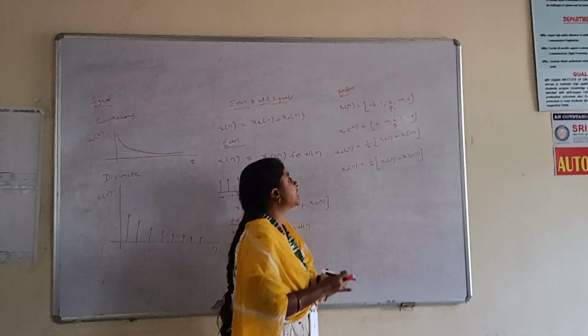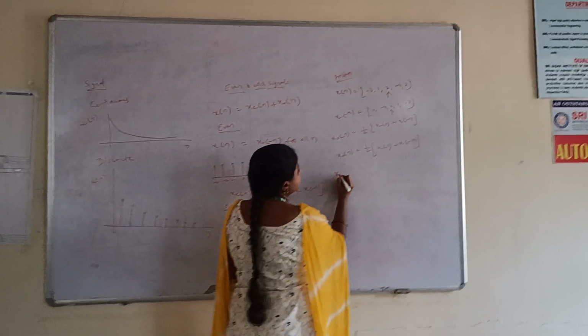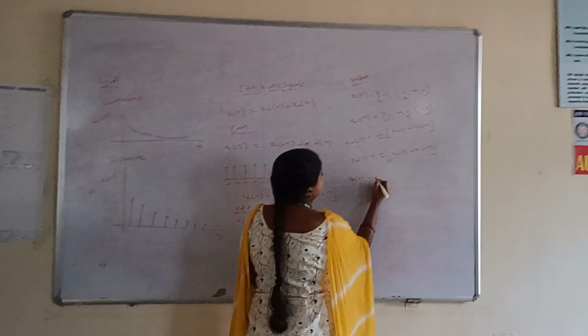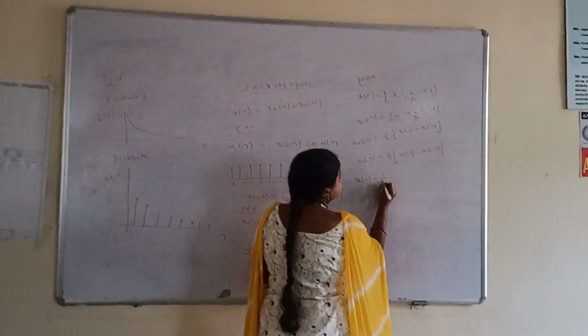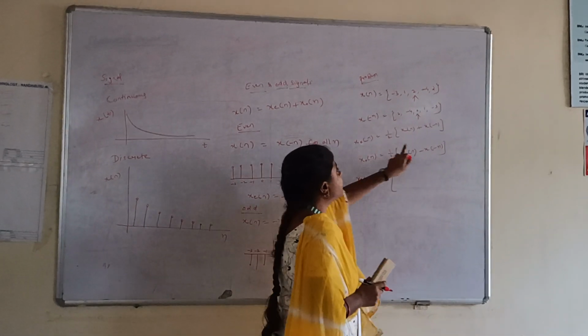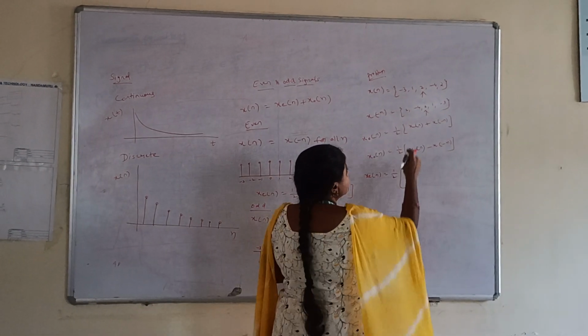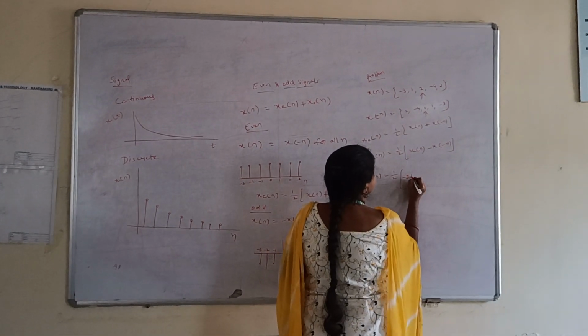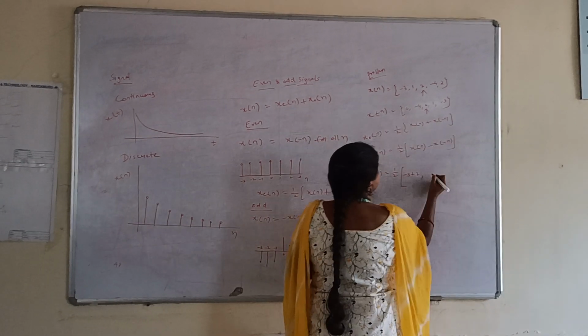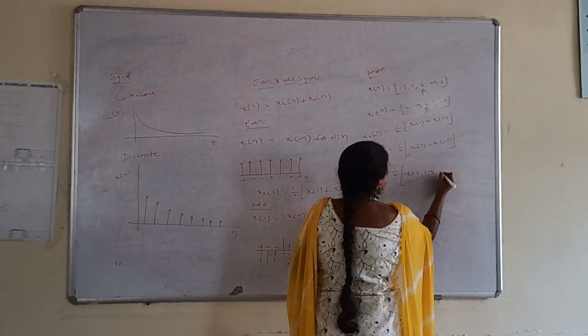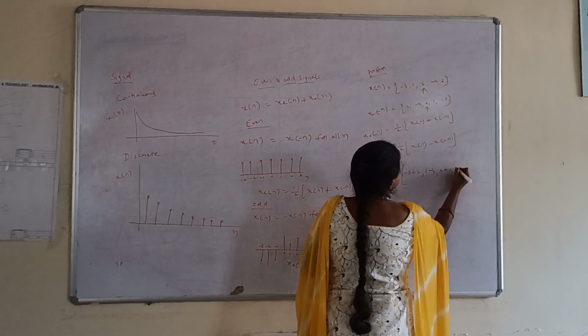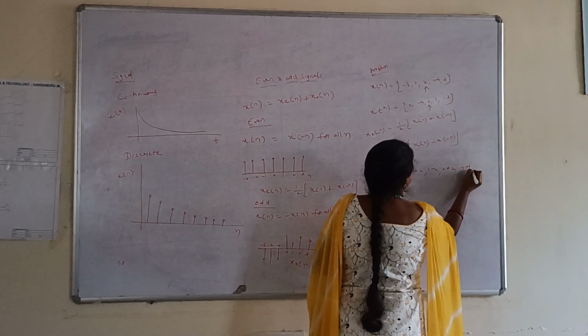Now how do we calculate the even component as well as the odd component of the signal? Here we can see the formula: Xe of n equal to x of n plus x of -n, divided by 2. So here the first term is -3 plus 2, and the second term, similarly the third term and the fourth term.